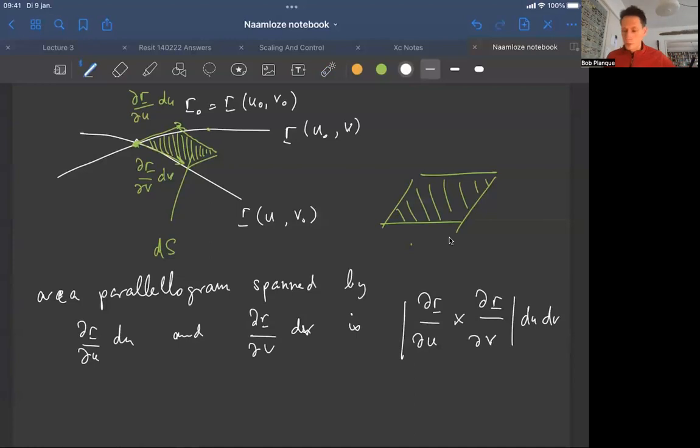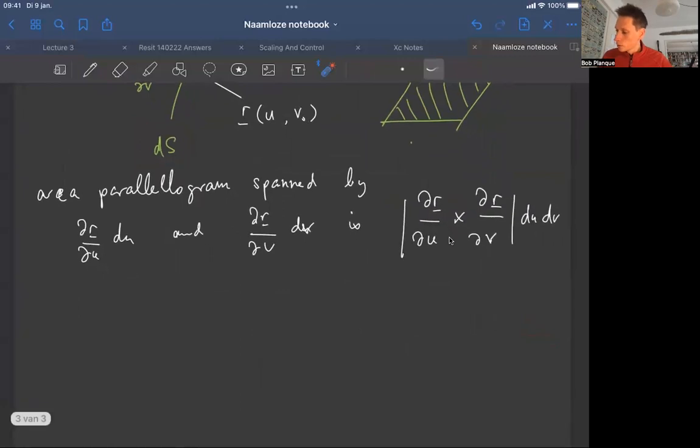So in general, if u and v are two vectors and they span a parallelogram, then the cross product of these two vectors gives the area of the parallelogram, or the length of that vector, to be more precise. And these differentials du and dv are seen here as scalar factors, and so they can be taken out of this length.